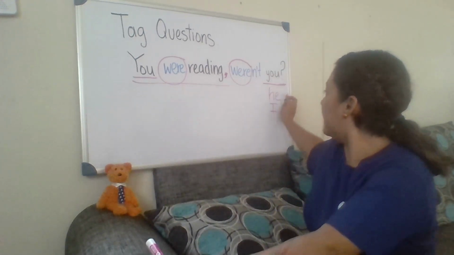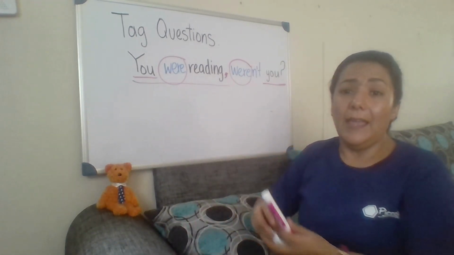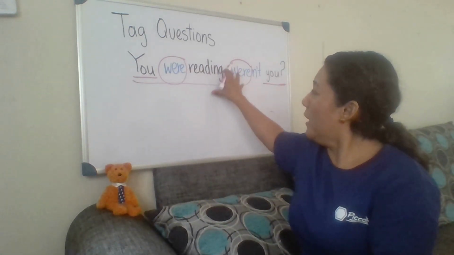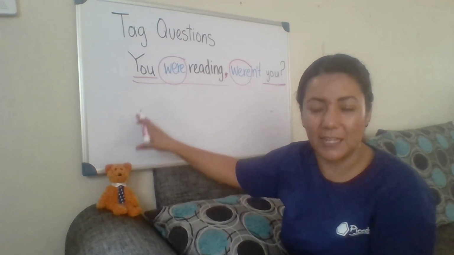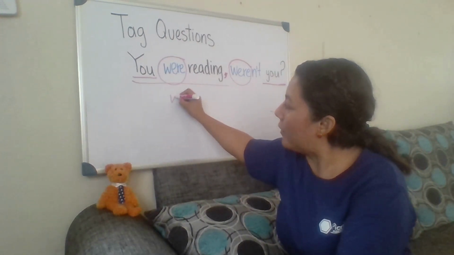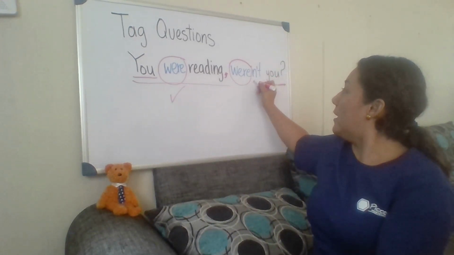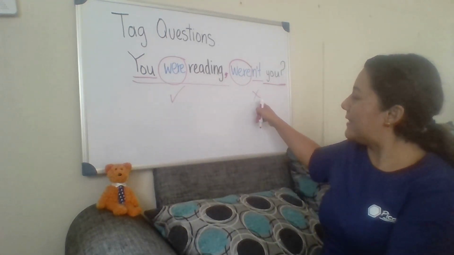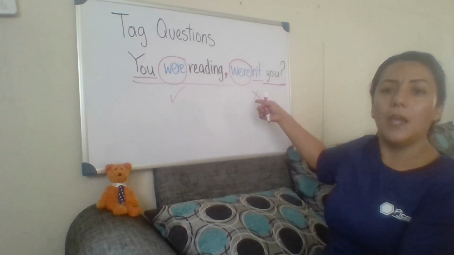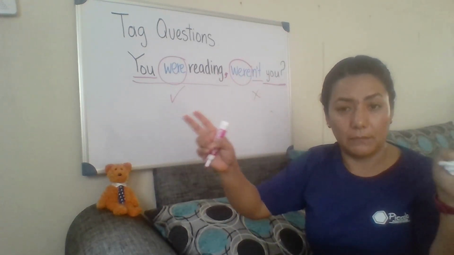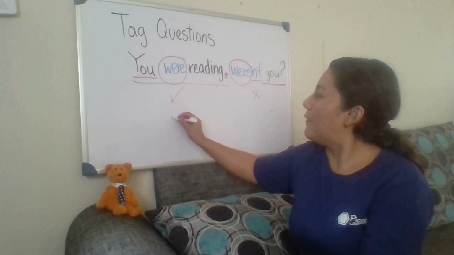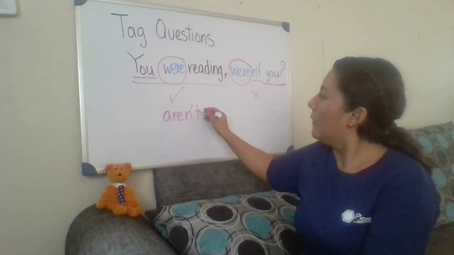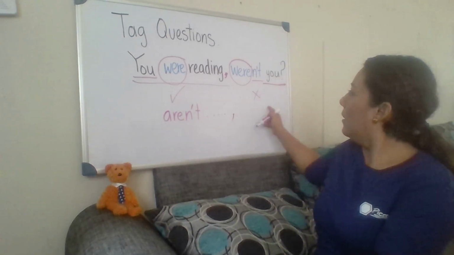And very important in tag questions is, let me erase what we did before. We said it, it's clear, let's erase it. And probably the most important thing in tag questions is, if the beginning of the sentence is affirmative, the tag question is negative. If this is affirmative, this is negative. If this is negative, this would be affirmative. It goes opposite. Okay? For instance, if I say you aren't blah, blah, blah, what's going to be here?